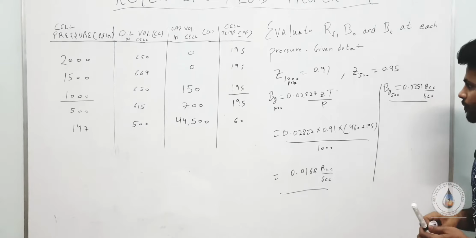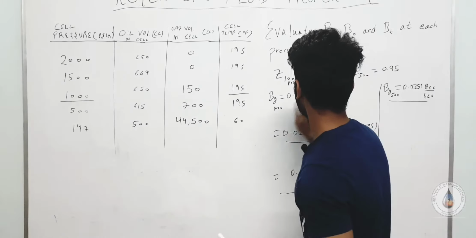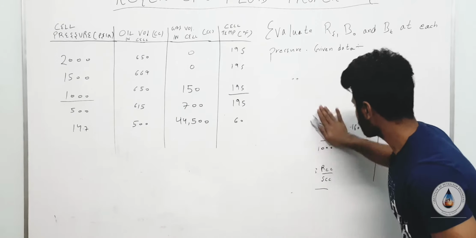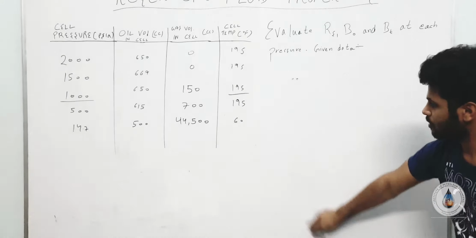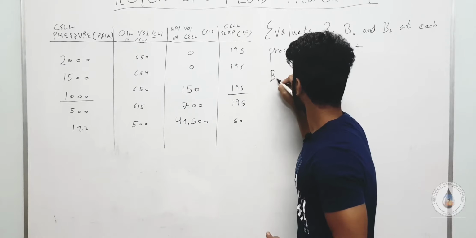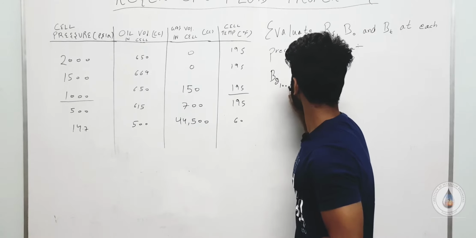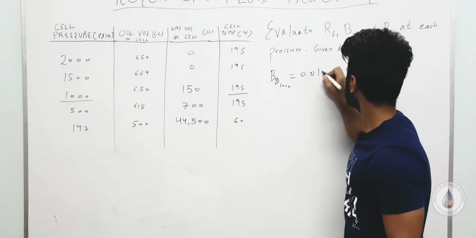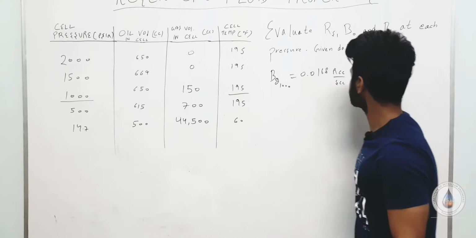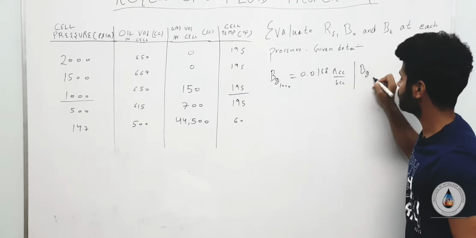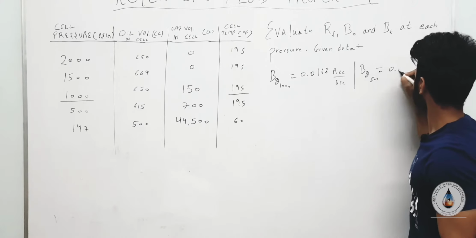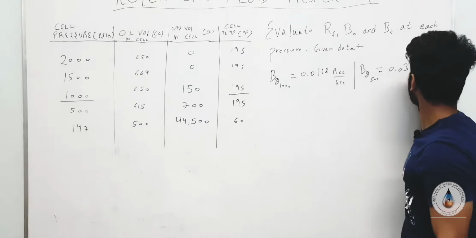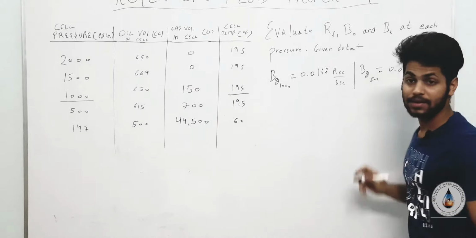So Bg at 1000 psi was 0.0168 reservoir cc upon surface cc, and Bg at my 500 psi was 0.0351 reservoir cc upon surface cc.